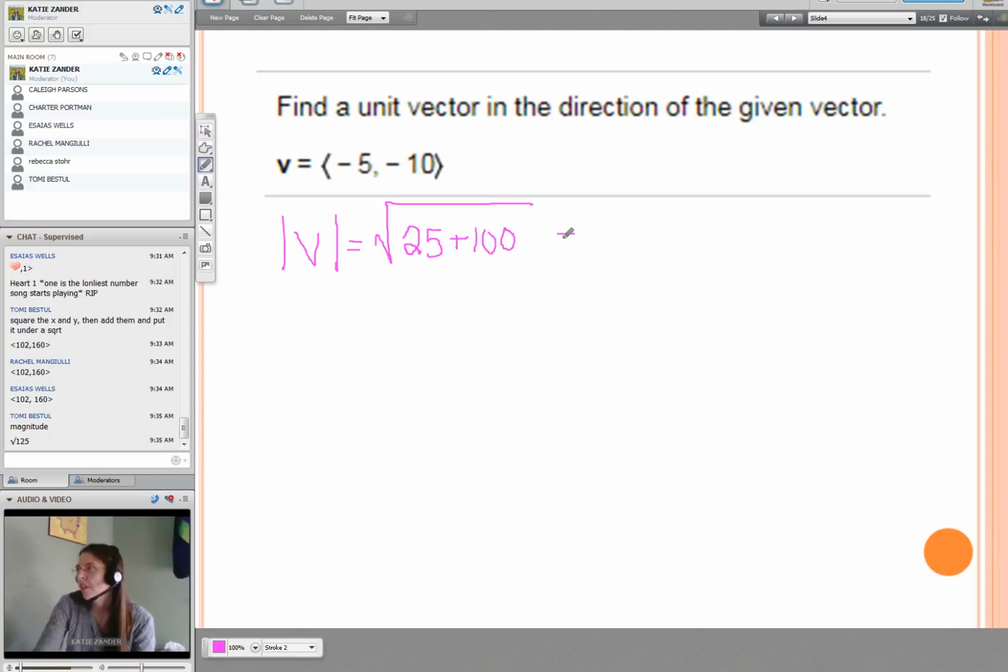Yeah, it looks to be the square root of 125. Does that one break down at all? I think it does. Can we break down 125? Any perfect squares that go into that? I'm thinking 25 might go into that.